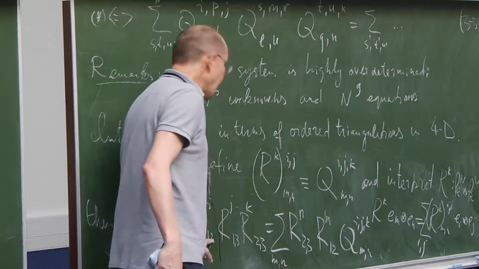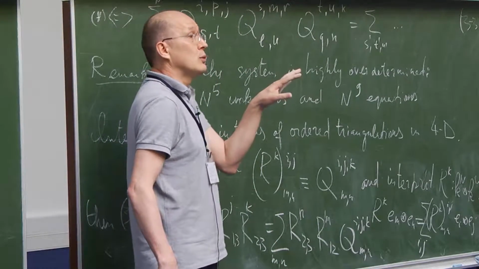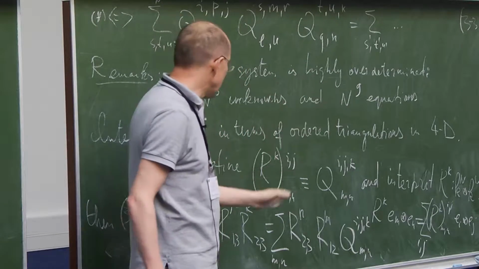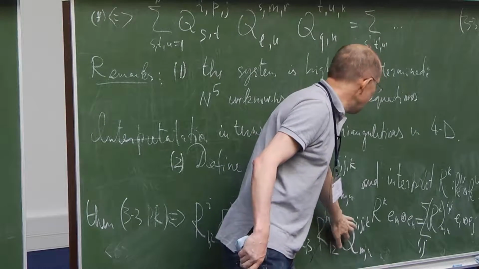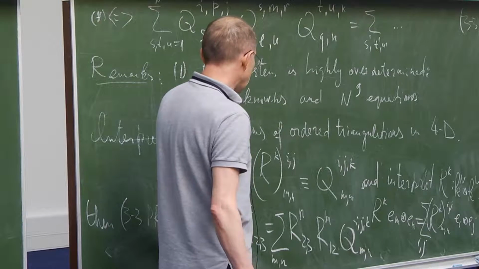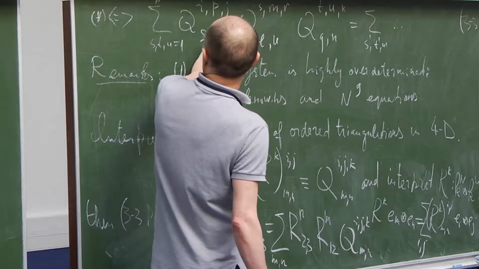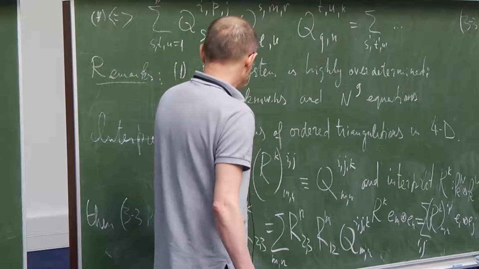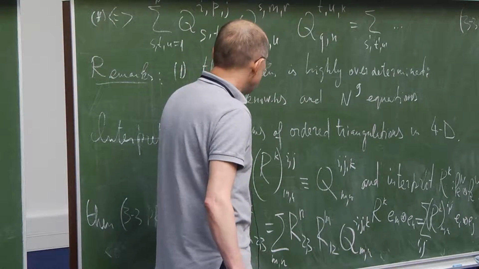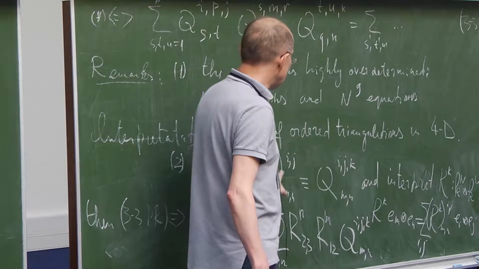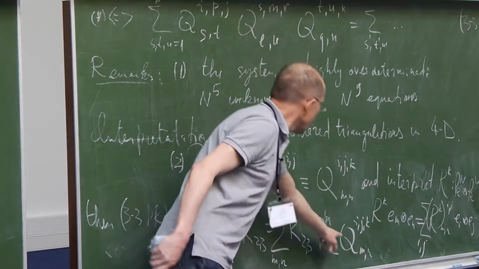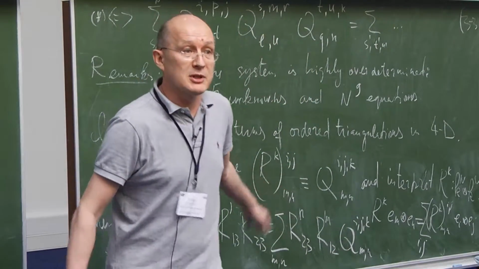And R12 acts as R in the first two components, R13 acts as R in the first and third components, and so on. And Q remains to be scalar coefficients, and so we can write this identity in this way. So you see it is still trilinear because R is nothing else but Q in the new notation. And we have one more Q which is written explicitly.